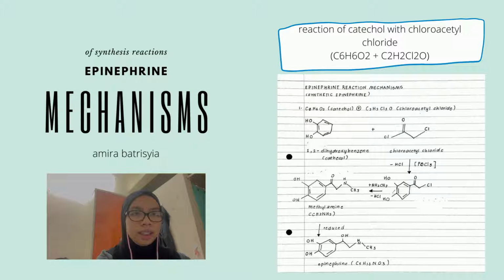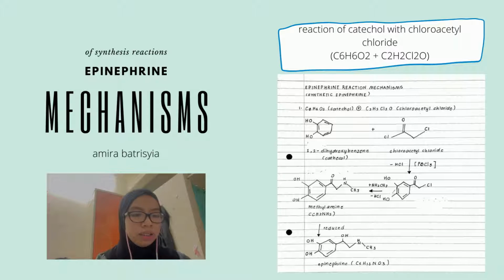Epinephrine is actually adrenaline, which is produced in the adrenal glands as a hormone or neurotransmitter. But as time went by, it became capable of being manufactured and synthesized in the lab. This is done by reacting catechol, also known as 1,2-dihydroxybenzene, with chloroacetyl chloride, C2H2Cl2O.